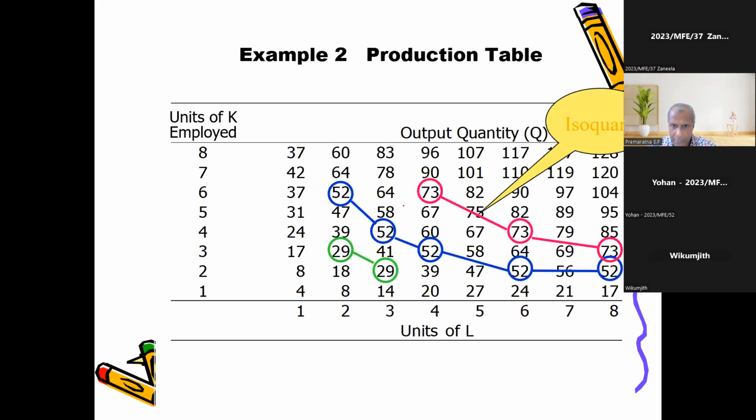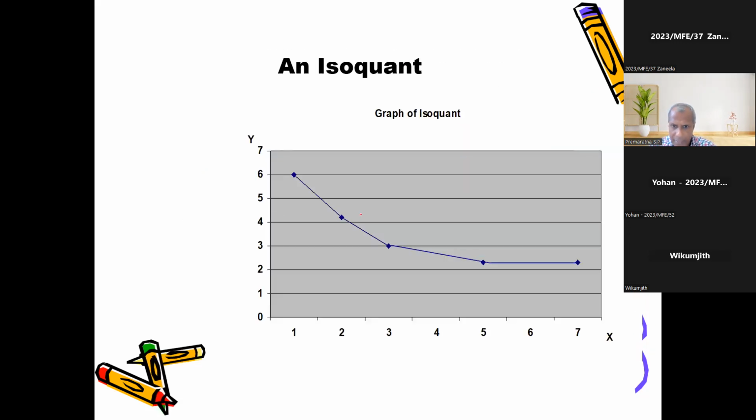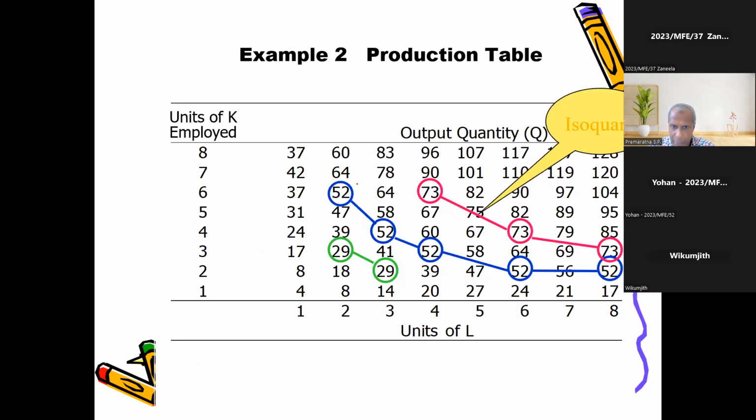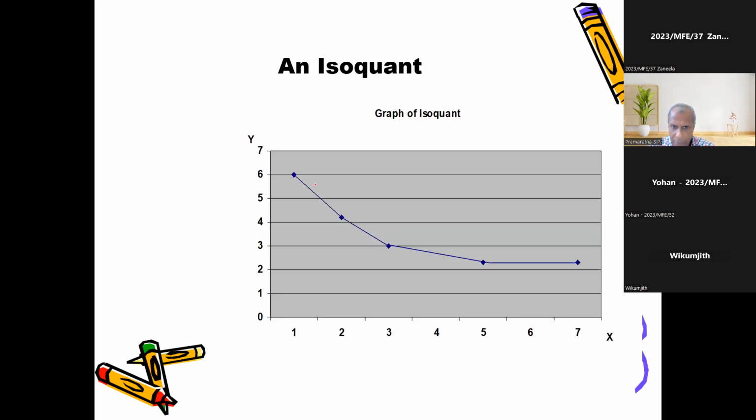Now, we discussed that the isoquant curve is about the same amount of output, and different combinations of inputs are possible. For example, 52, if you look at the isoquant curve, a different combination. And the other important thing is that on the isoquant, at any point, the producers are technically efficient.